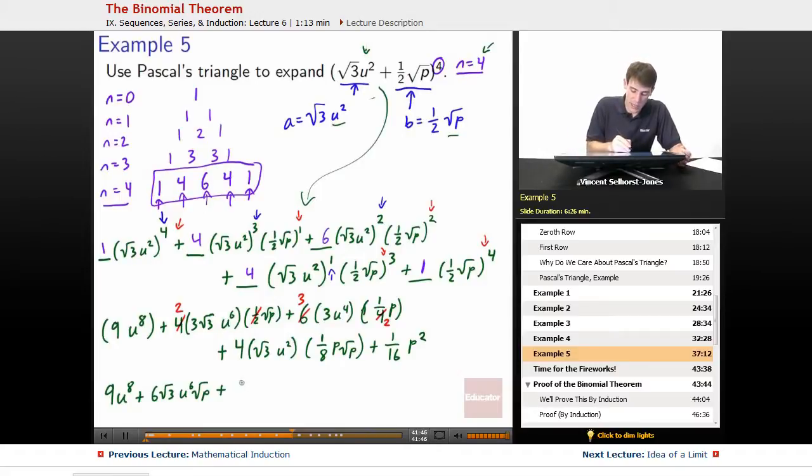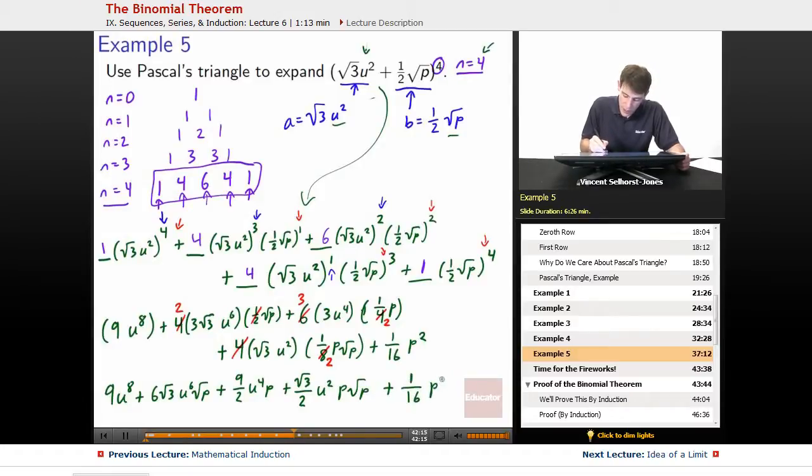So 3 times 3 is 9, divided by 2. We've got 9 over 2 is the coefficient there. U to the 4th p, plus 4 root 3 times u squared, 1/8 p root p. So 1/8 will cancel the 2 when it knocks out this 4. And so we've got root 3 over 2 u squared p root p, and finally our last term, 1/16 p squared. And there is the full expansion.